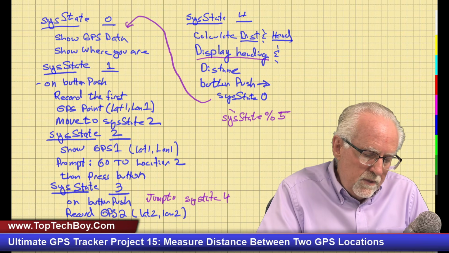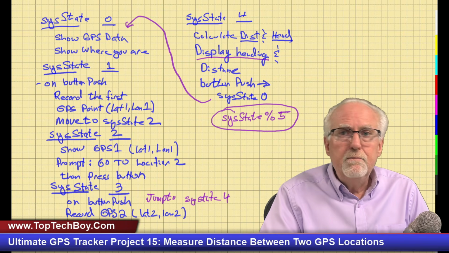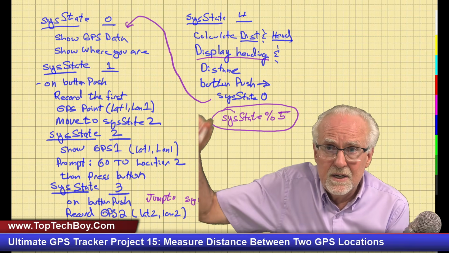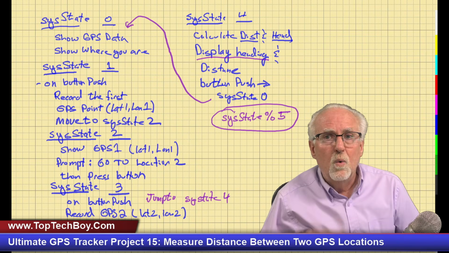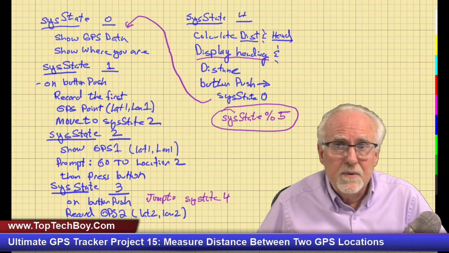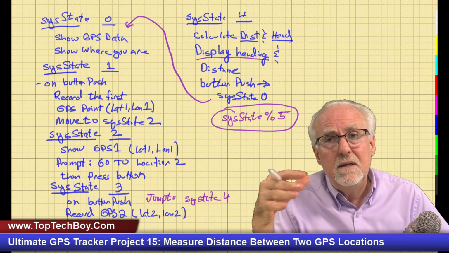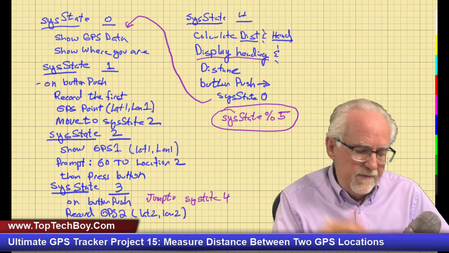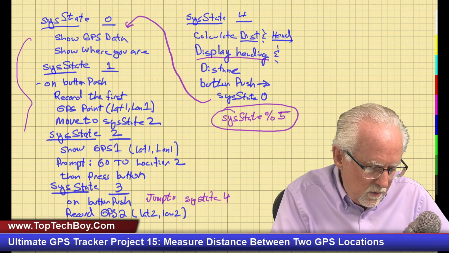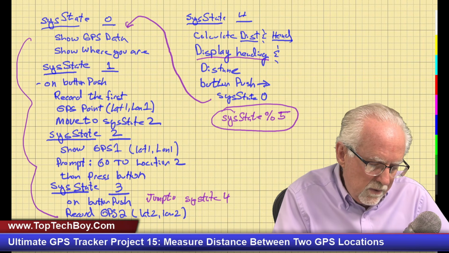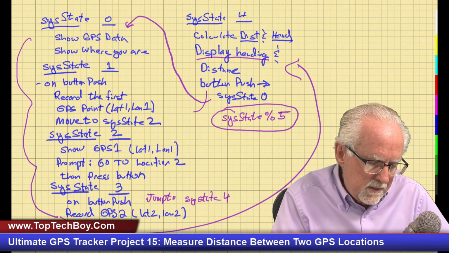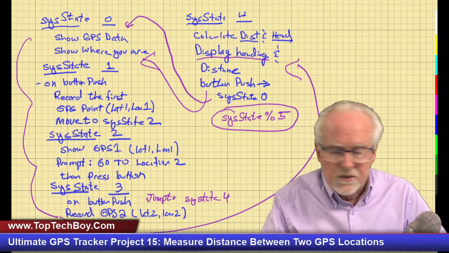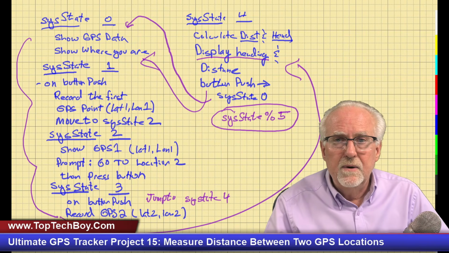So if we do this, the button push number can continue to increment, or sys state can continue to increment, but what we're really looking at is that mod 5, and that just means that we're going to be cycling through these, and then like that. Okay, so I've talked about mod a lot in the earlier class.